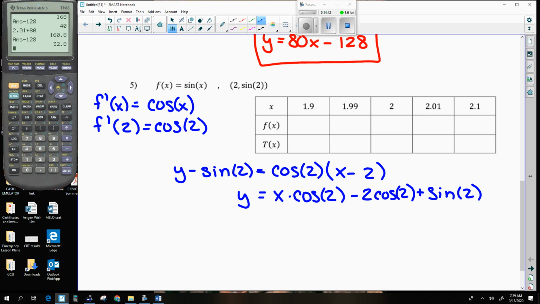Okay. So let's go with 1.9. So the original sine of 1.9 is 0.9463.